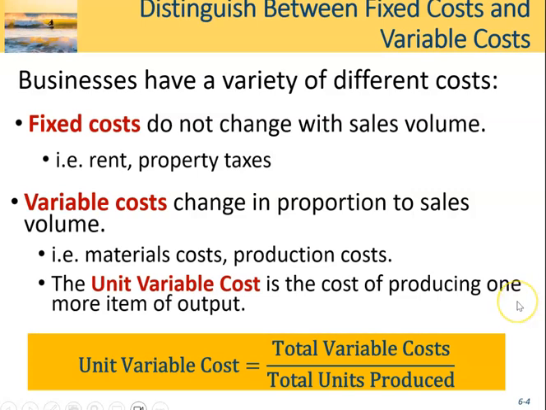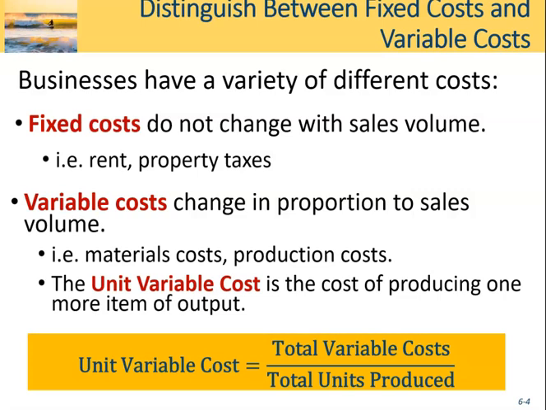Okay. So to come up with our unit variable costs, which we may know, we may not know as an organization, or we may want to just confirm, we'd look at our financial statements, whether for a month or for the year, and take our total variable costs for that period of time divided by the number of units that we sold.